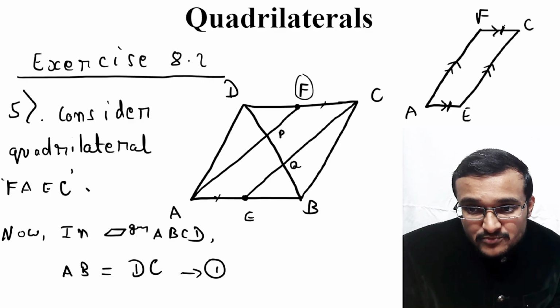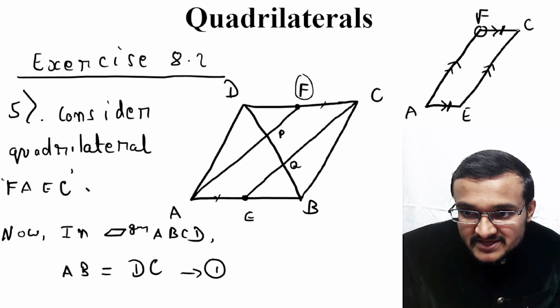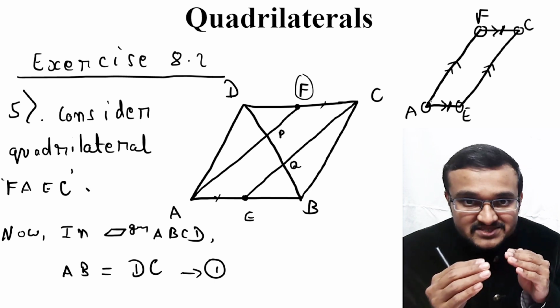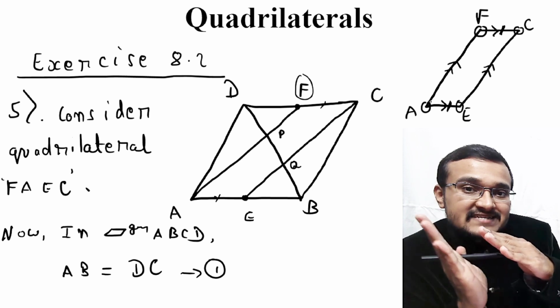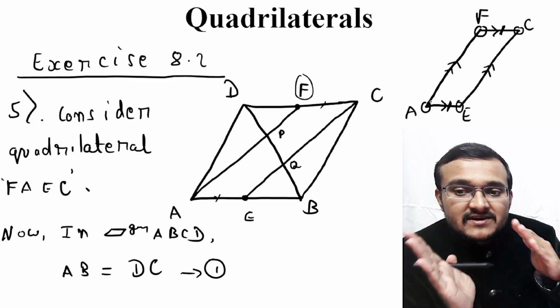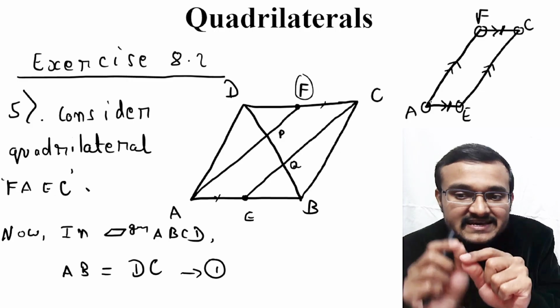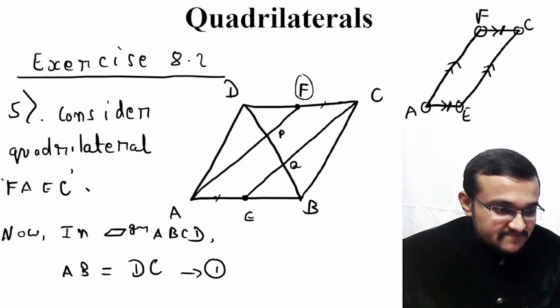Because we have proved that FC is equal to AE, from F to C and from E to A there is the same distance. That means AF and EC are equidistant from each other on both ends. So AF will be parallel to EC.